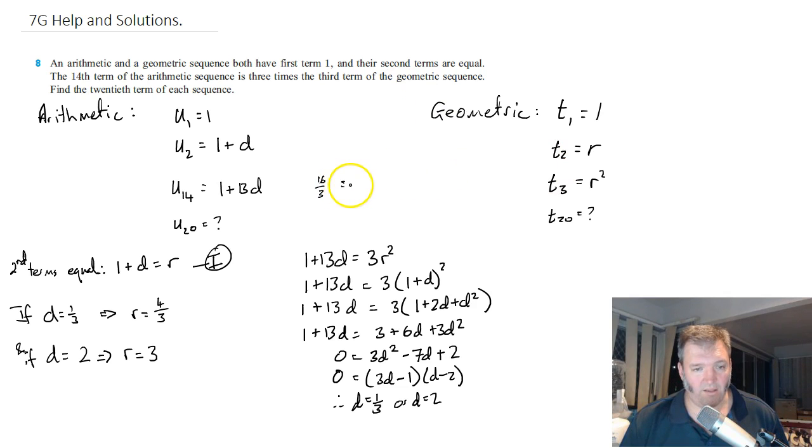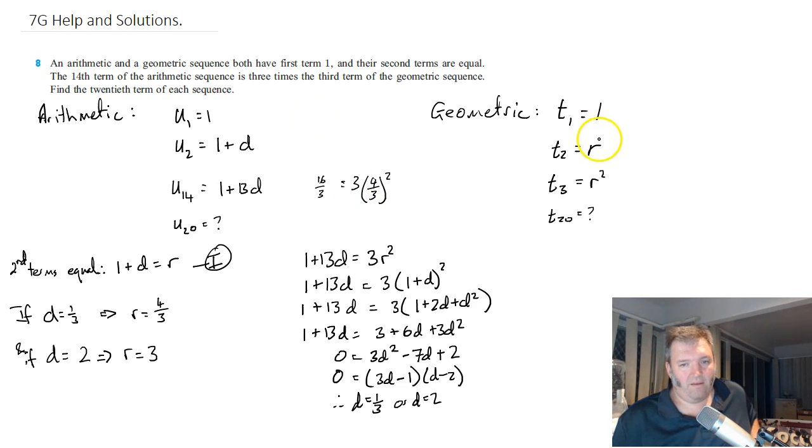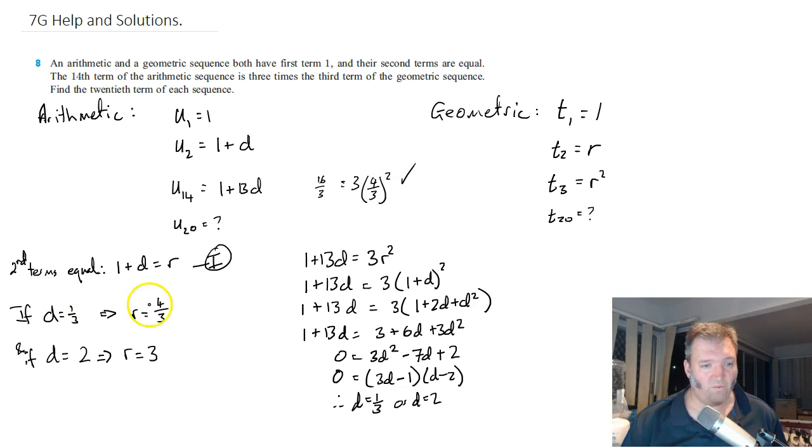So does that equal 3 multiplied by (4 over 3) squared? 3 times the third term, so 3 by 16 over 9. 3 16s, 48 over 9. Divide 48 over 9, 3 goes into both of them, 16 over 3. They're going to be the same thing, so that works. So the first ones work for that second equation, and 1 plus D, is that equal to R? Well, we used that to get the answer, so of course it is.